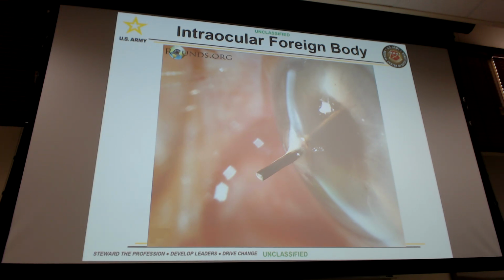So when they look around, is there a risk of it causing more damage? Potentially, but not really. They'll tell you to patch the other eye, or patch both eyes, or cover both eyes. That used to be what we did, and then they're like, well, if we patch both of this patient's eyes, now the patient can't see, and they're not ambulatory anymore.